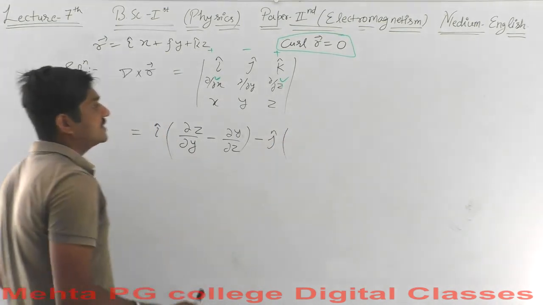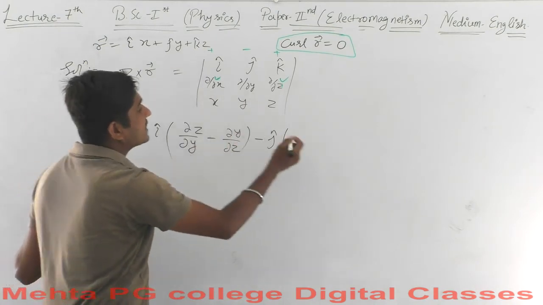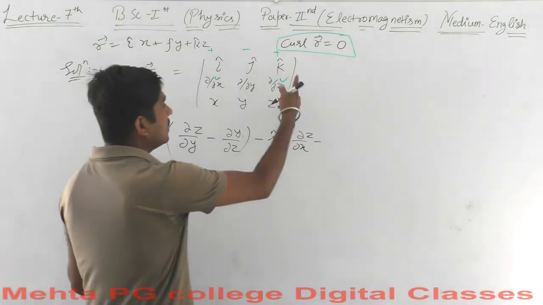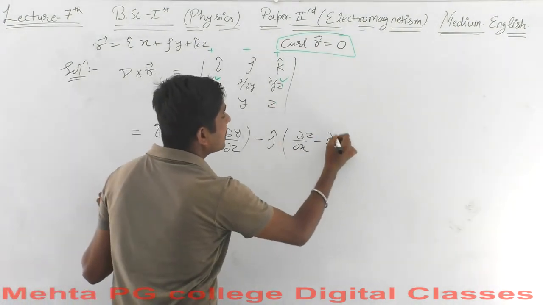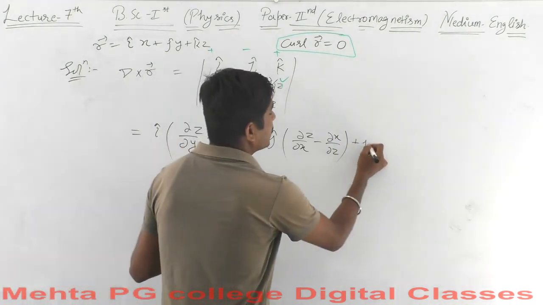Let's check it out. The calculation will be opposite: curly over curly x for z minus curly over curly z for the function x. Again, k cap is positive.